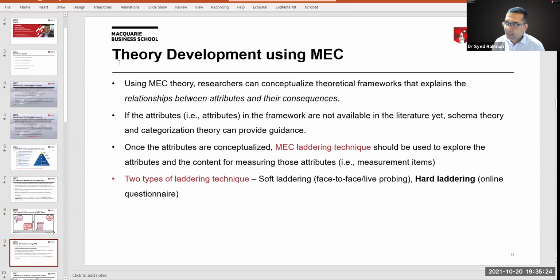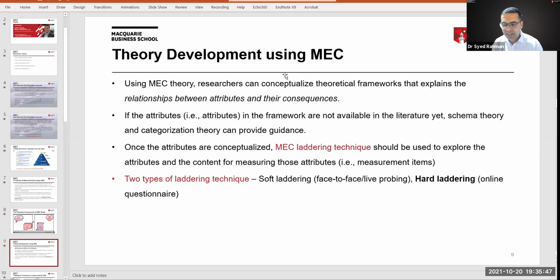Next is theory development using means-end chain. Remember that at the beginning of this session, I was talking about scale development, concept development, or the holy grail of our literature or article development, that we want to develop constructs. We want to develop how these constructs or dimensions link up with each other and how they explore the phenomenon in the market, isn't it?